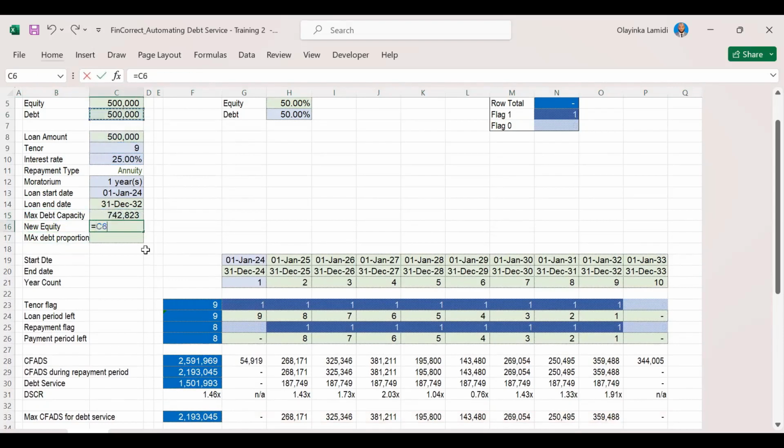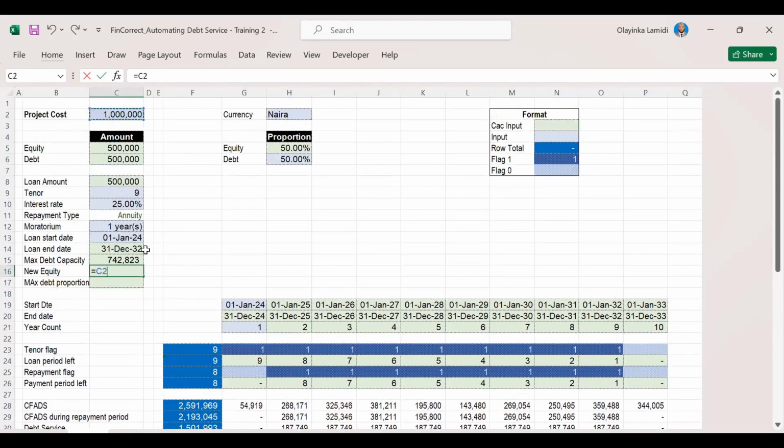The new equity amount will then be the project cost, the capital requirement minus the maximum debt, which is the new debt that we are looking at, right? So then punch enter.